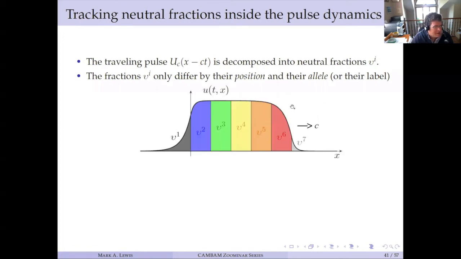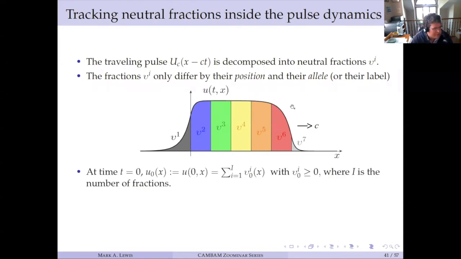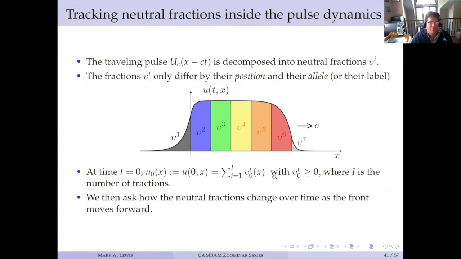The approach is very similar to the earlier work for the unconstrained expansion into a novel habitat. Again, we break the population down into these neutral fractions, and we ask how they change over time as the front moves forward. It's a very similar question, but now it's for this forced pulse that's being driven by climate change.